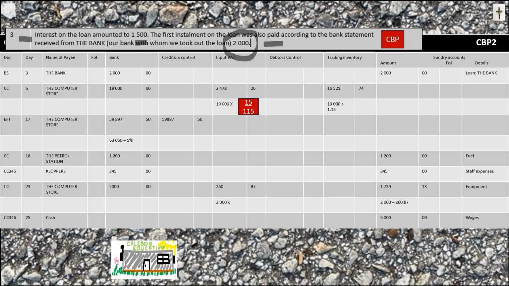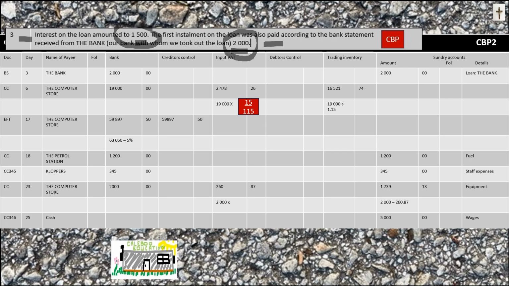So what we're going to be doing is paying back the loan, and every month a payment is made. And what they're saying here in the transaction is 2,000 Rand was paid for the month of February. This interest on the loan is going to be recorded in the general journal when I do the general journal. So we're doing the Cashbook payments.